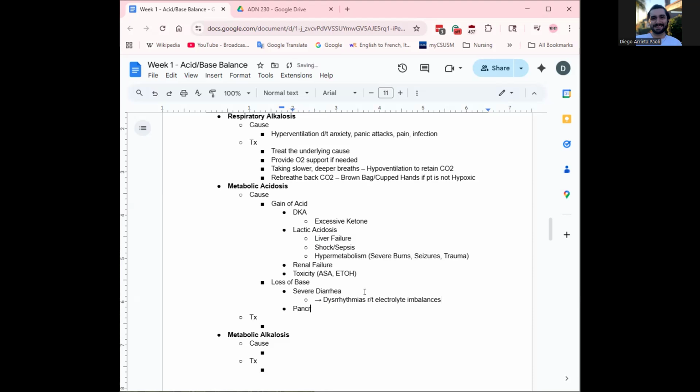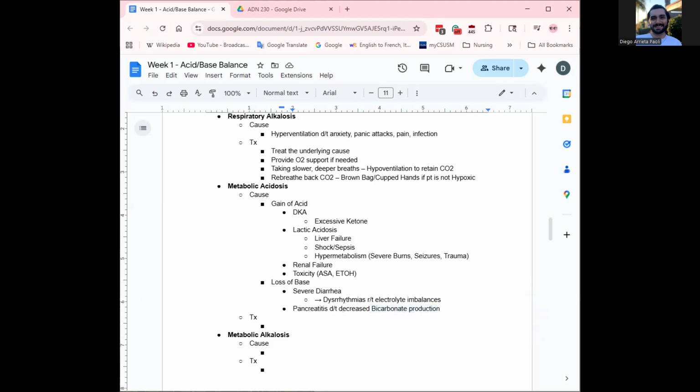Another one I'll include is pancreatitis, just due to the pancreas producing bicarbonate. So something wrong with your pancreas could also lead to an acid-base imbalance due to decreased bicarbonate. If you have less bicarbonate, that means you have a harder time decreasing your acid levels.